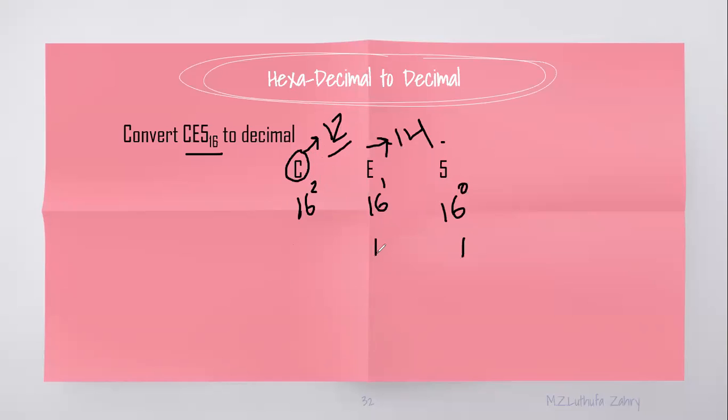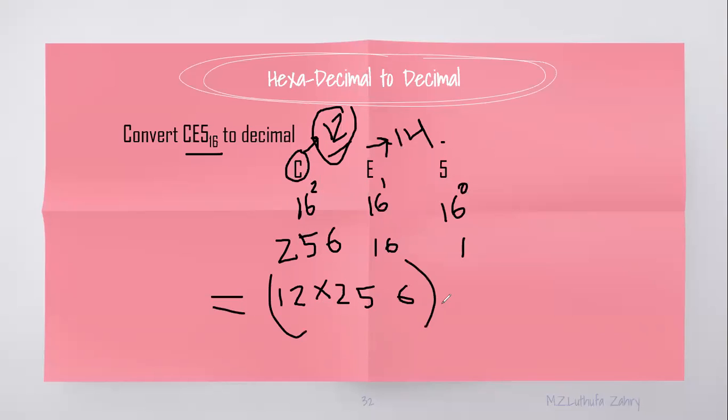So this is going to be 1, 16, and 16 into 16, 256. Same process: now instead of multiplying C into 256, you do it with 12. 12 into 256, plus 14 into 16, plus 5 into 1.